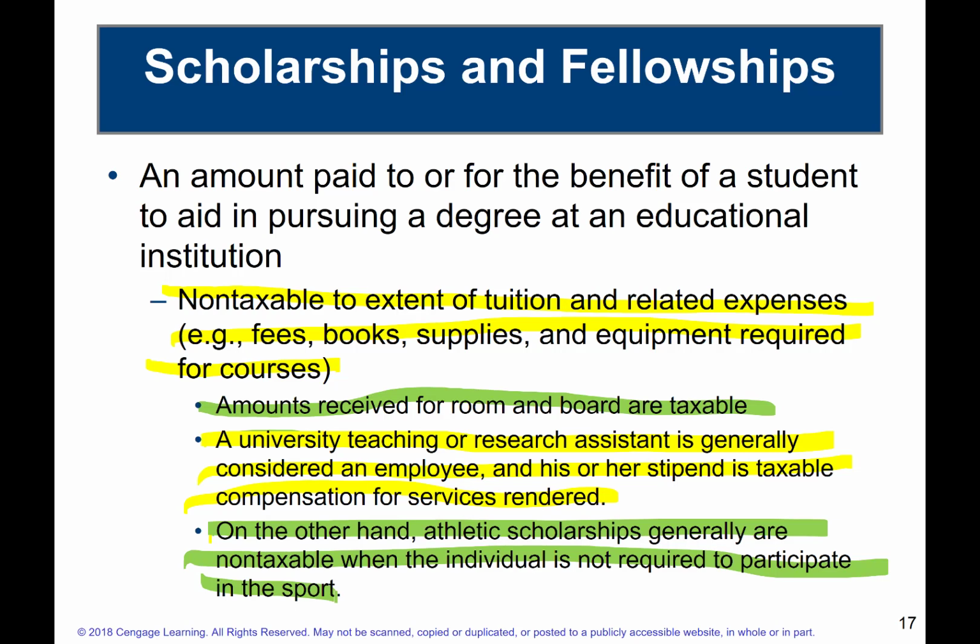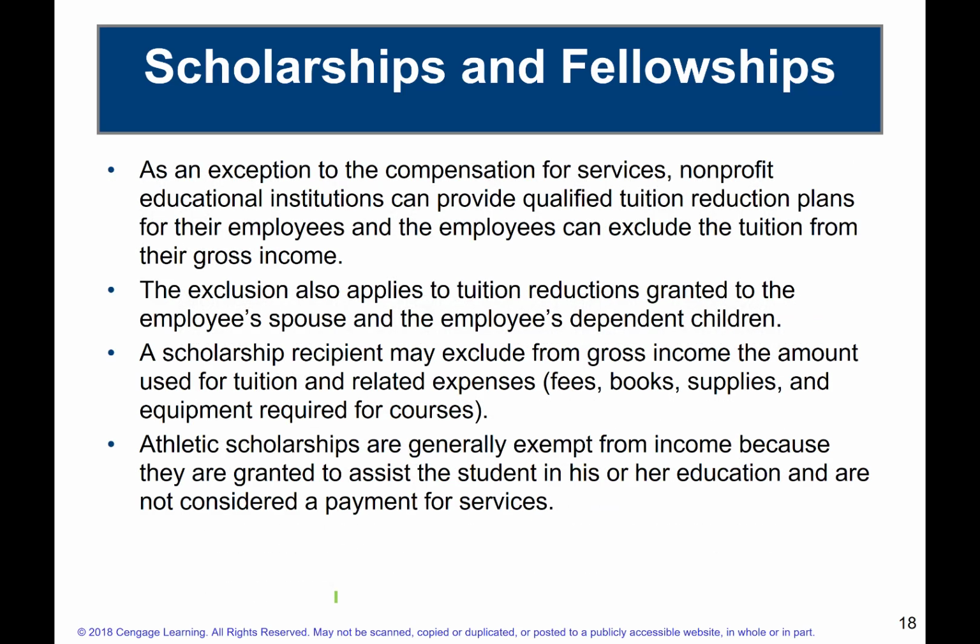Okay, good. Take a look at the next slide, and we do have an exception. Compensation for services for a nonprofit educational institution can provide qualified tuition reduction plans for their employees and their employees' family members.